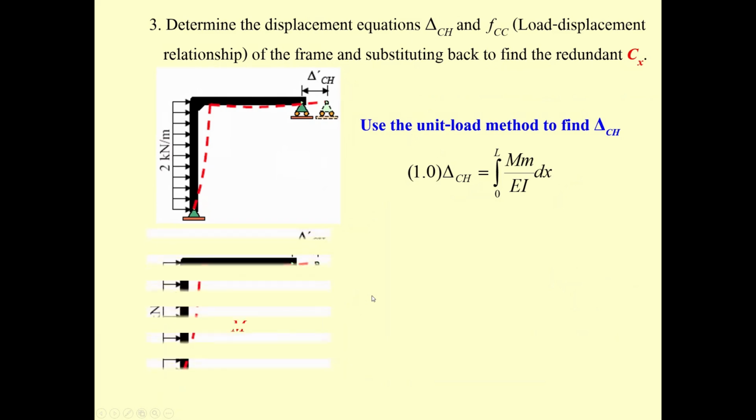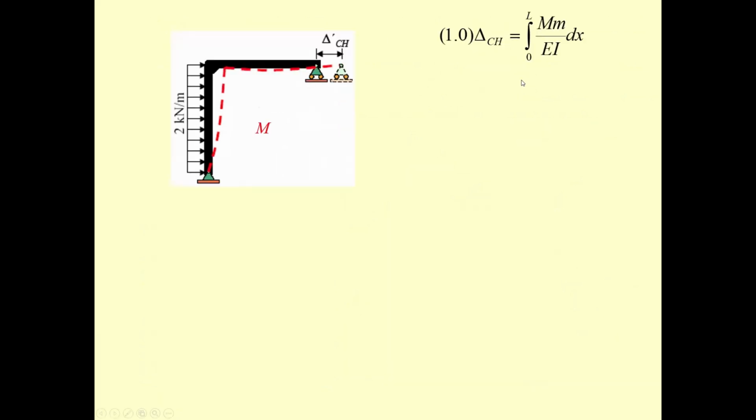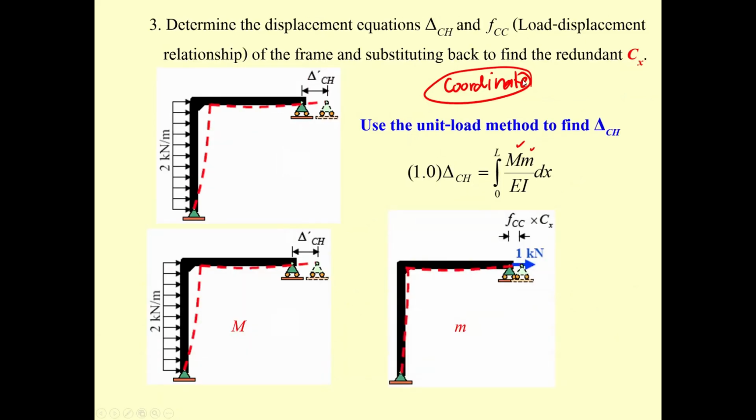Okay. Following what we should do in the analysis of capital M, you have to select the coordinates. This is going to be important: the coordinate for capital M and for small m must be the same. If you say this is x1 for capital M, for the small m you have to select x1 also.